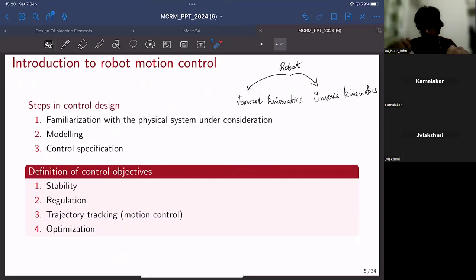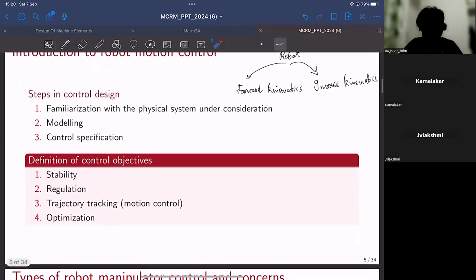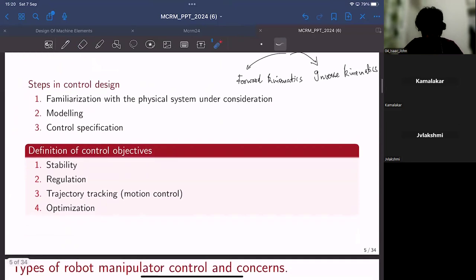All these come under control specification, as well as what your overshoot should be. Should there be any overshoot at all? Should there be any steady state error? So that is the first step in designing a motion controller.